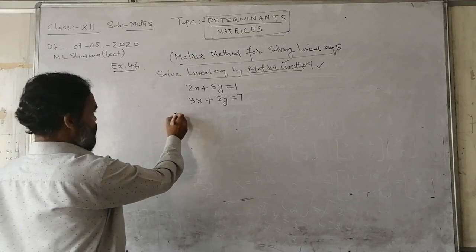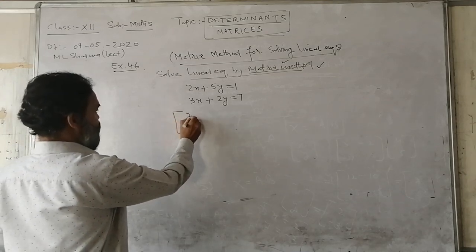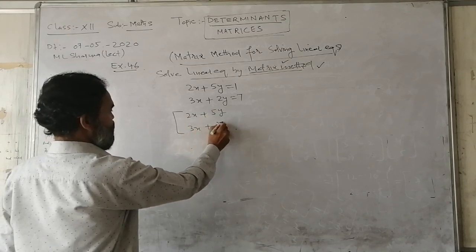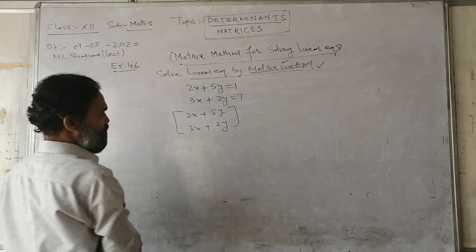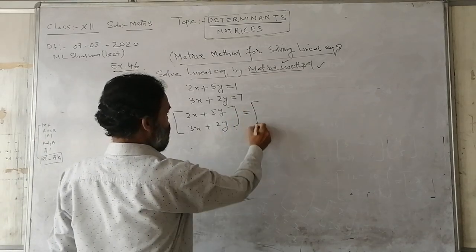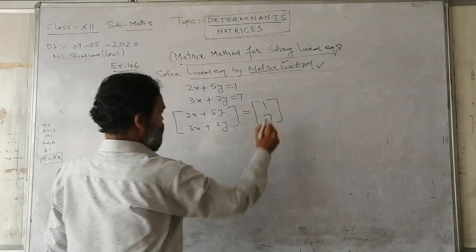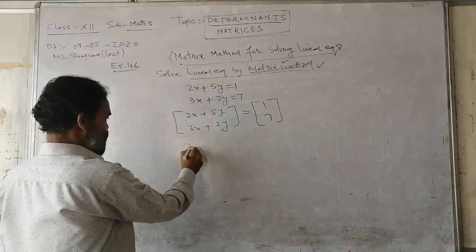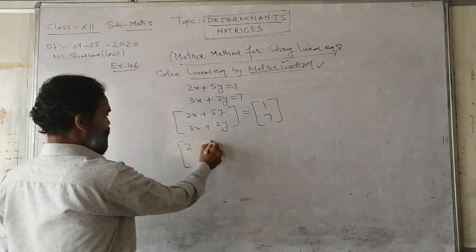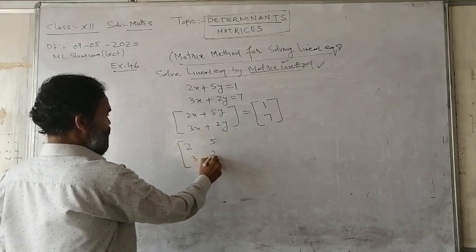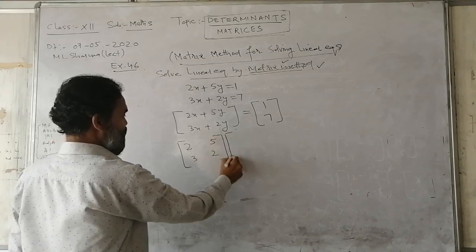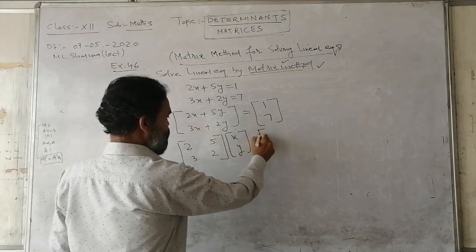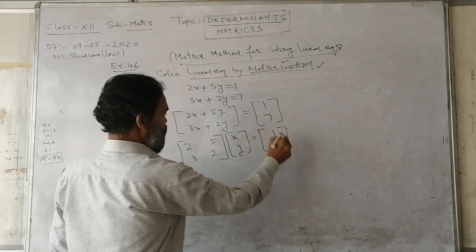That means I can write these two equations in this way: the matrix 2, 5, 3, 2, times x, y, equals 1, 7.